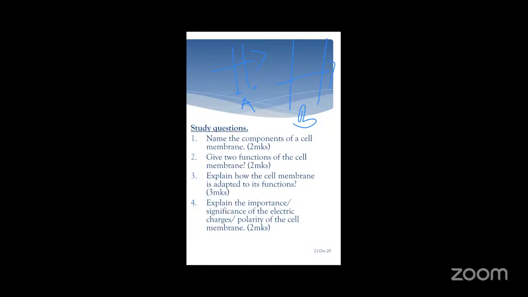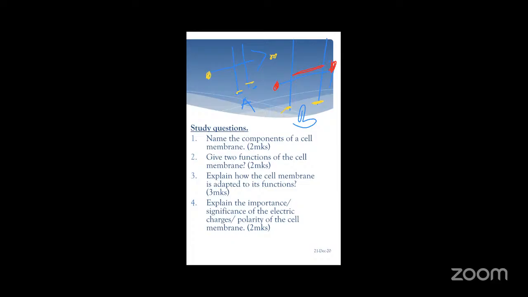The distance from that point to that point is very short compared to the distance from this point to this point. So if these two were cell membranes A and B, materials from this point to that point would move very easily and very quickly. Why will that happen? It's because the distance is short. In the other scenario, if materials wanted to move from this point to this point, it would take a longer time because of the distance.